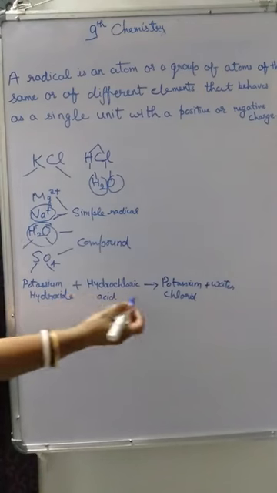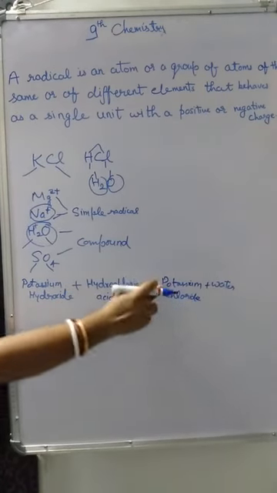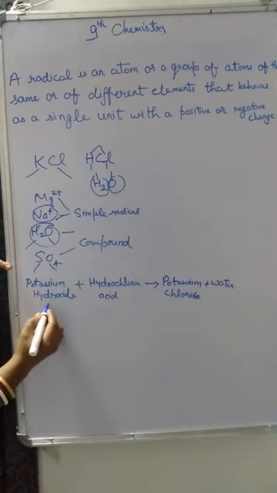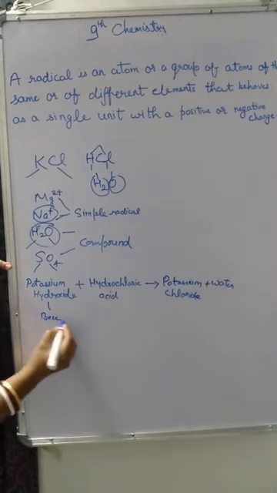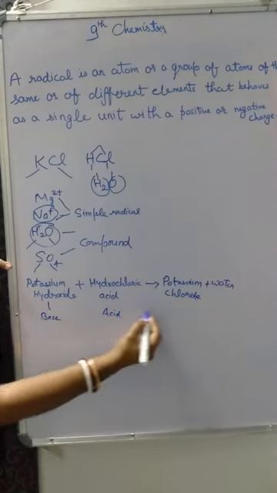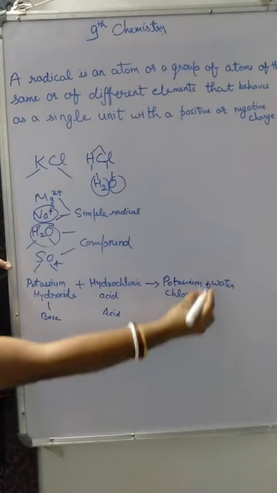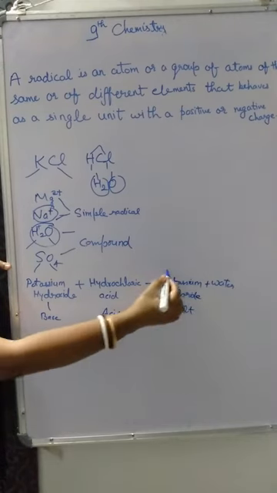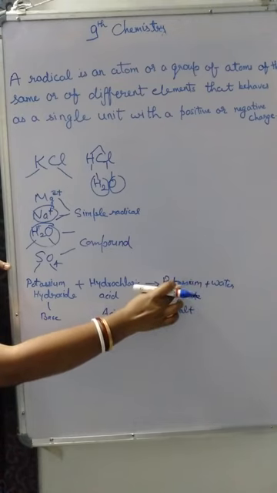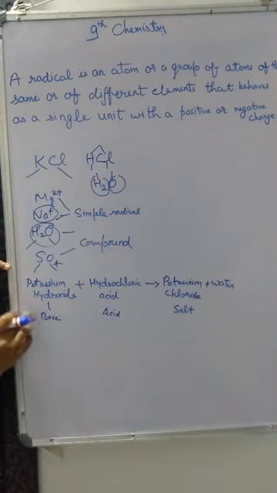In the formation of this potassium chloride, the potassium radical has been contributed by the base, potassium hydroxide. Now you know that this one is the base and this one is the acid. This one is salt and that one is water. So in the formation of this potassium chloride, this potassium is contributed by the base, potassium hydroxide.